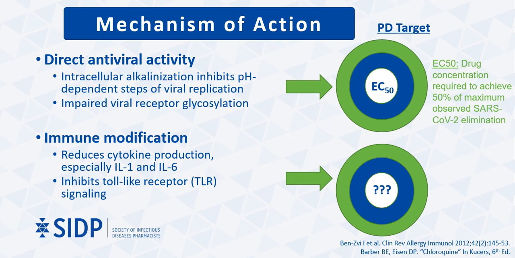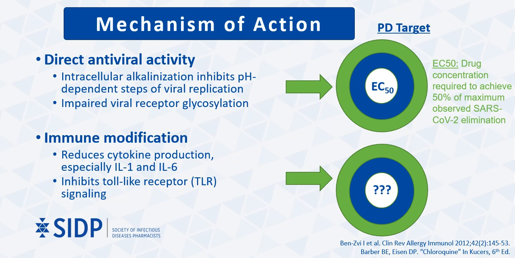The mechanism of action is proposed to be twofold. First, direct antiviral activity. This is mediated by intracellular alkalinization, which inhibits pH-dependent steps of viral replication and impairs viral receptor glycosylation. Secondly, these drugs cause immune modification, meaning they can reduce cytokine production, specifically IL-1 and IL-6, and inhibit toll-like receptor signaling.